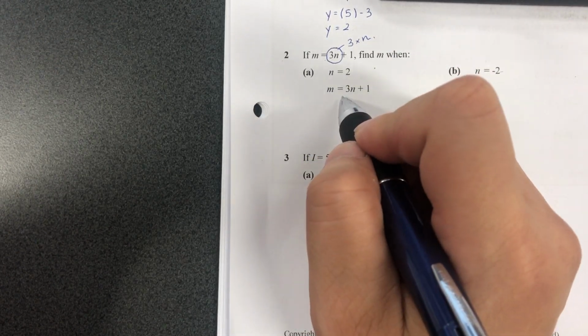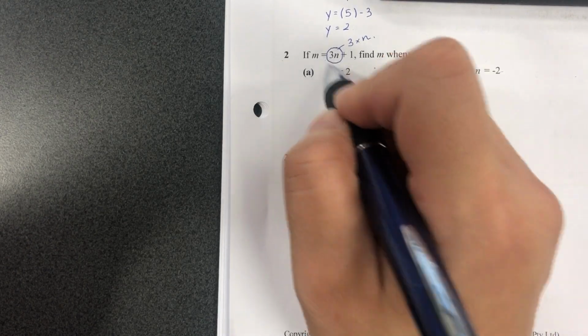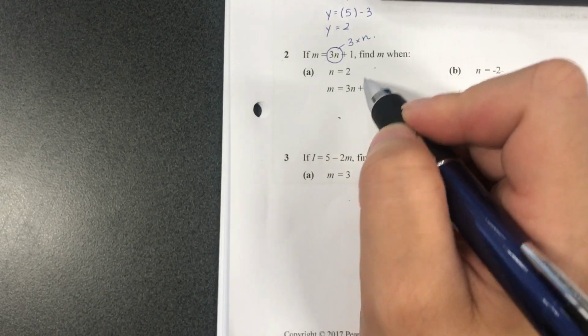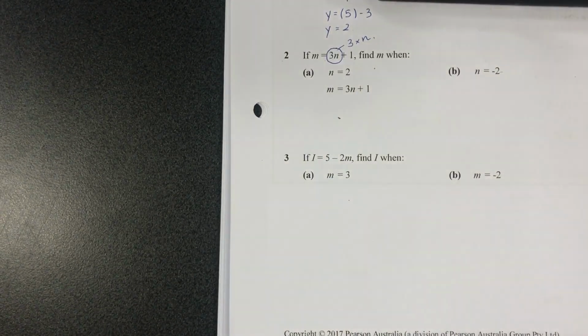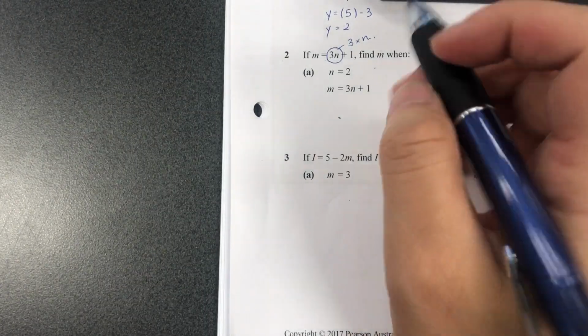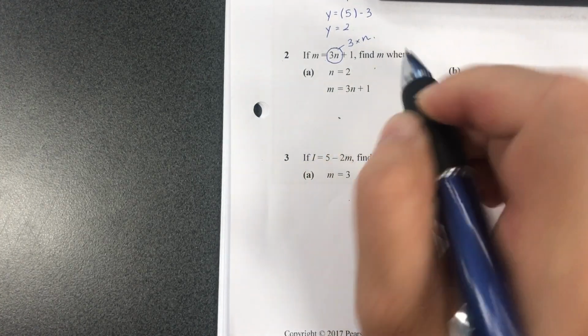So what they've done, again, in the first step, is they've rewritten the equation. That's important, right? You might already see it in the question, but that process of writing it is helping you stick it in your head. Especially in a test, especially in a stressful situation, rewriting that is going to be helpful. So we have m equals 3n plus 1.